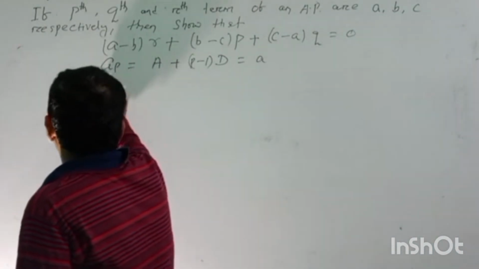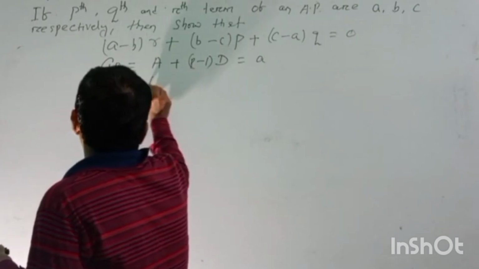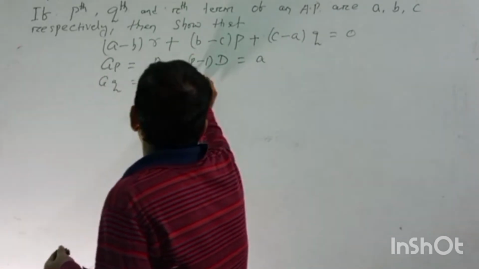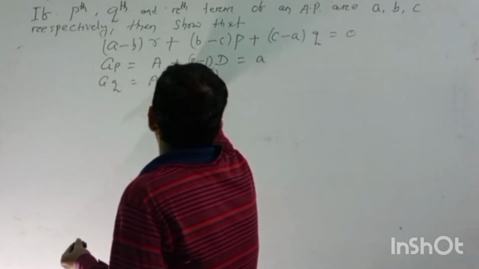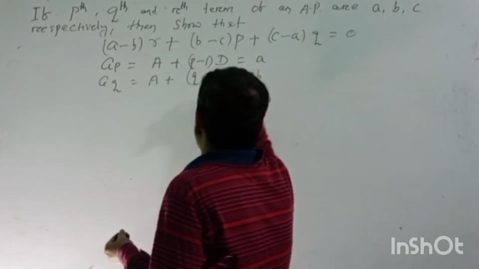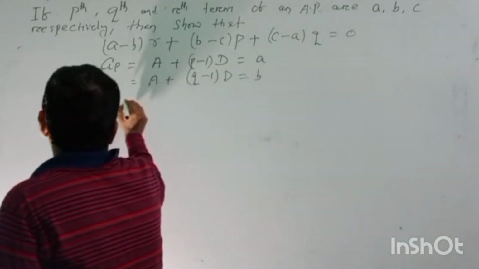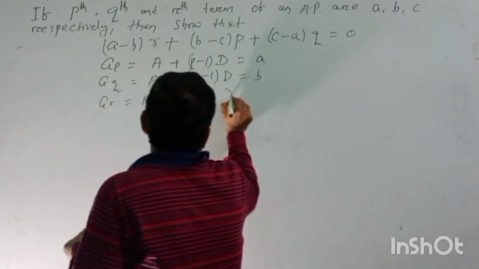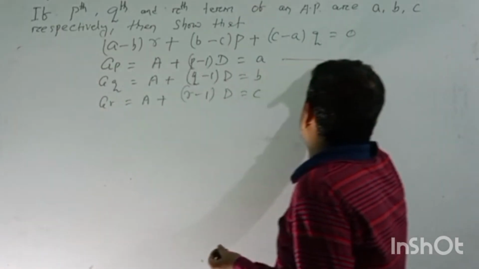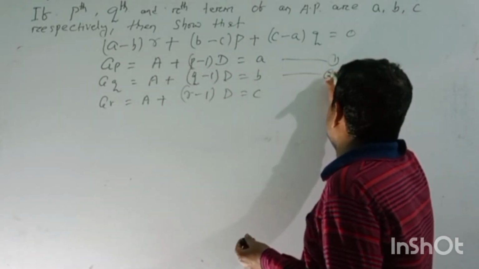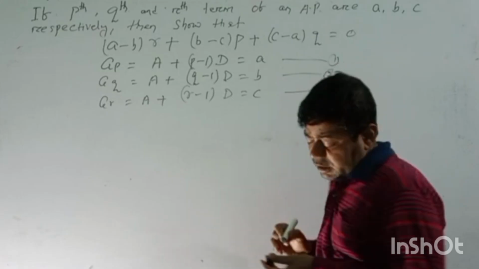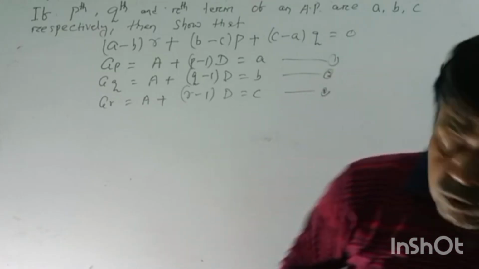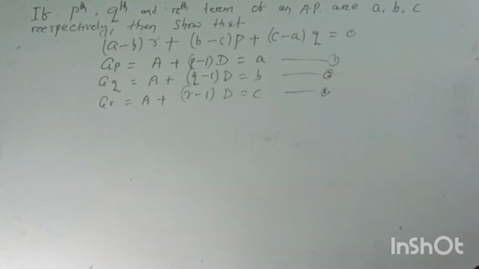Similarly, the q term is equal to A plus (q minus 1) D, which equals b. And the r term is equal to A plus (r minus 1) into D, which equals c. These are equation number 1, equation number 2 and equation number 3. And what do you prove? You prove that (a minus b) into r plus (b minus c) into p plus (c minus a) into q is equal to 0.